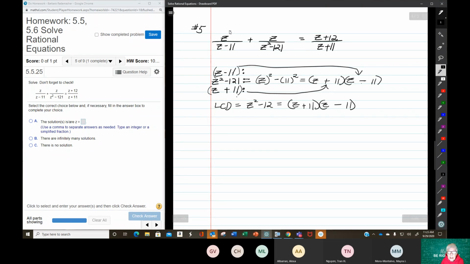Now I'm going to rewrite this equation with each term multiplied by z plus 11 times z minus 11 all over 1. Okay, so here I go.